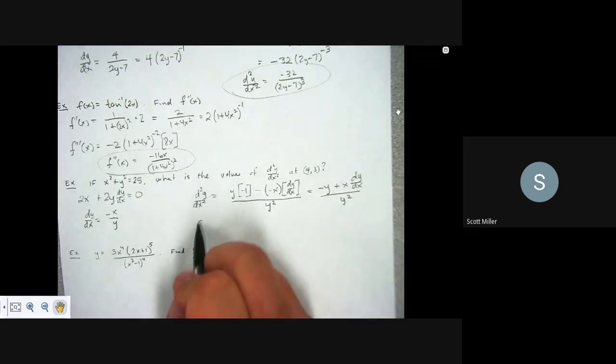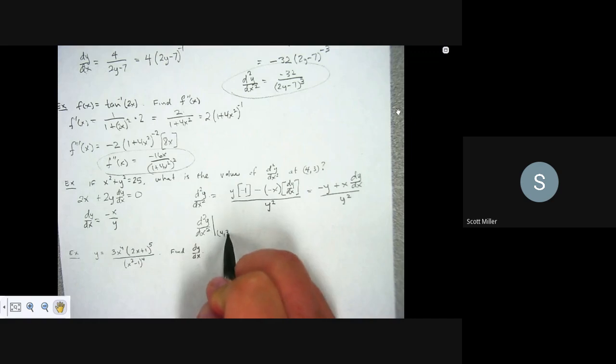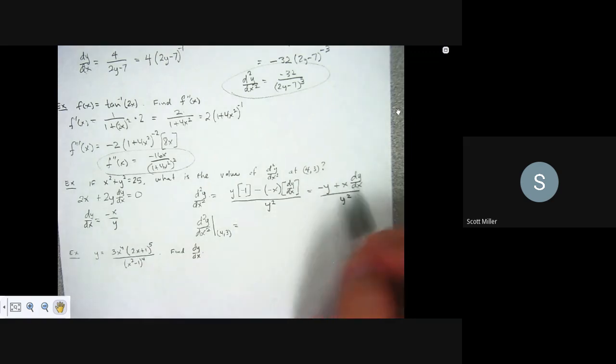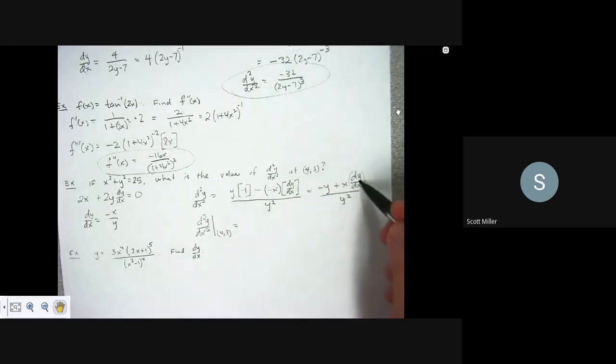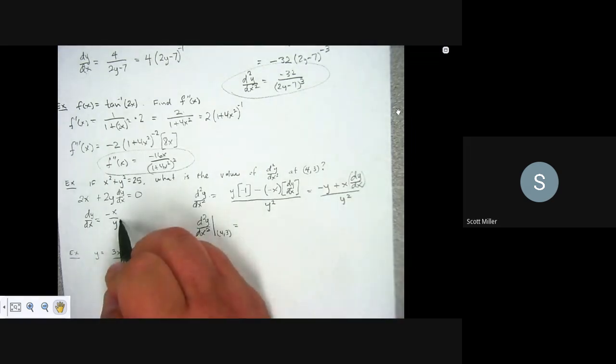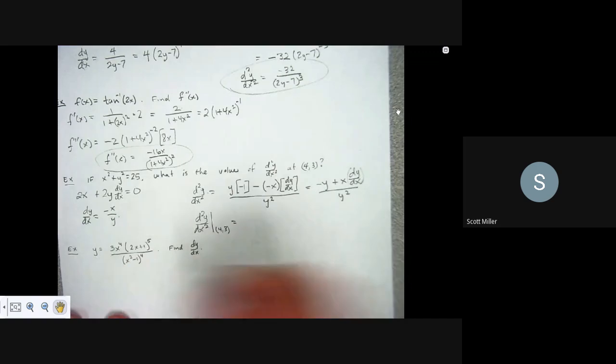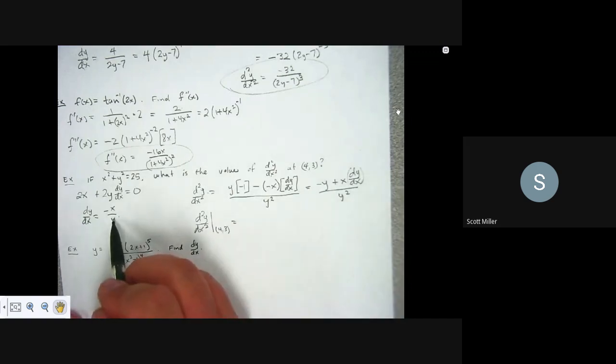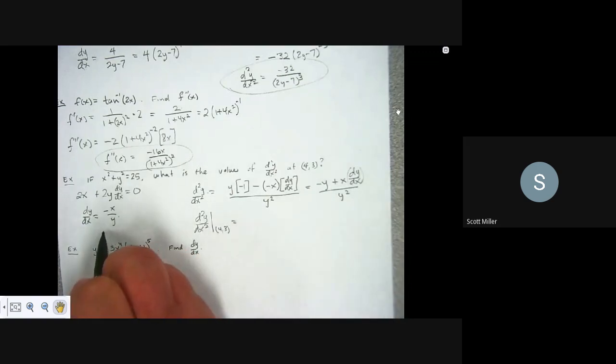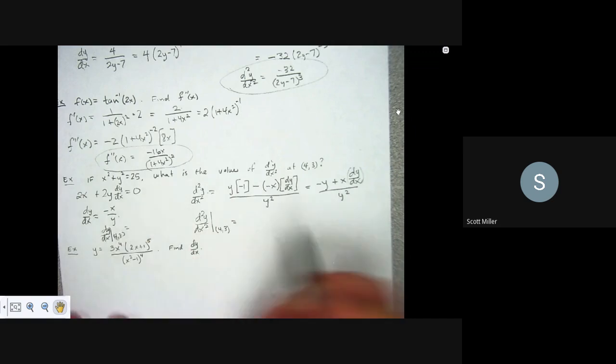But since we want to evaluate this at (4, 3), x is 4, y is 3, I can just leave this right here and plug in these numbers. But I have this: how do I plug in (4, 3) into that? Well, that is that quantity right there, so I don't need to substitute it in. I just need to know the value. So I can come back over here, take dy/dx, and evaluate it at (4, 3).